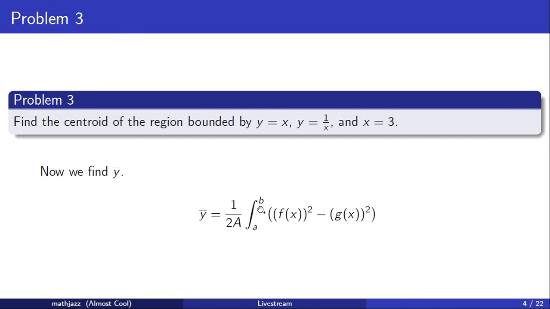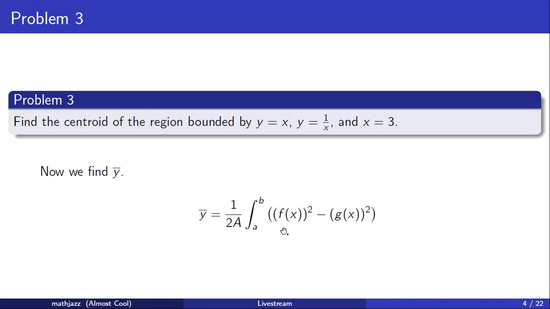Notice, instead of having an x times the difference, we have the difference of the squares of our two bounding functions. And we have a half. Instead of 1 over the area, it's 1 over 2 times the area. So they're similar but subtly different.